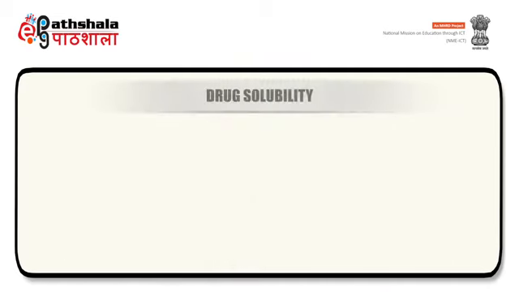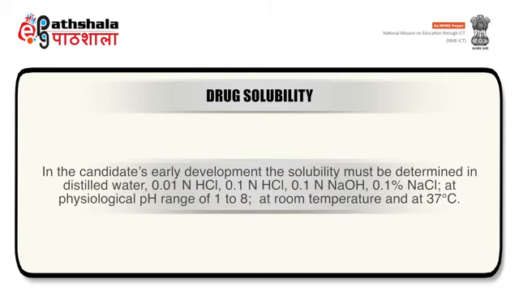In the candidate's early development, the solubility must be determined in distilled water, 0.01 normal HCl, 0.1 normal HCl, 0.1 normal NaOH, 0.1% NaCl at physiological pH range of 1 to 8 at room temperature and at 37 degrees Celsius.